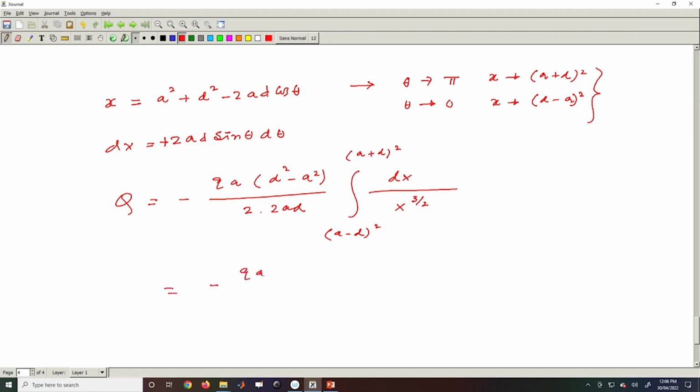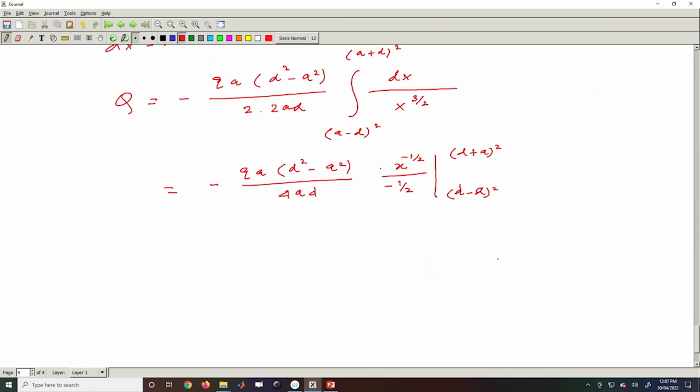Minus of q a, then d square minus a square, then 4 of ad, and I have x to the power minus half, and in the denominator I have minus of half. That will be evaluated at a minus d whole square or d minus a whole square, and d plus a whole square.